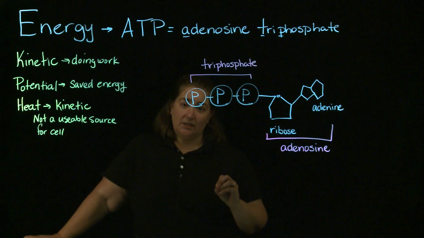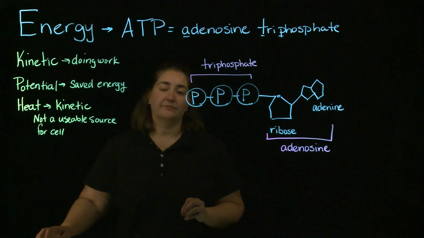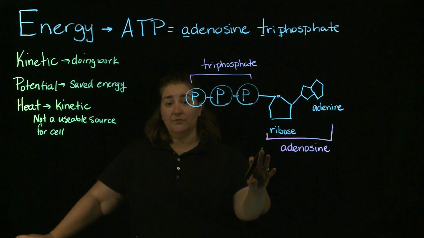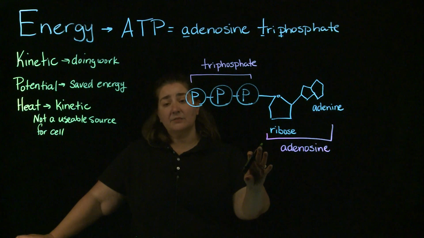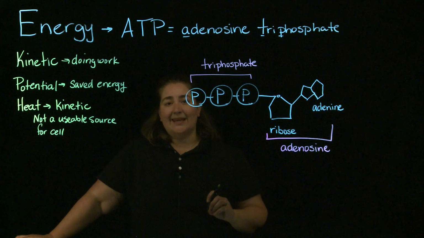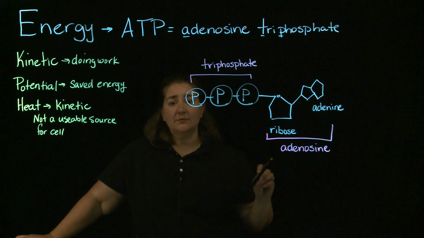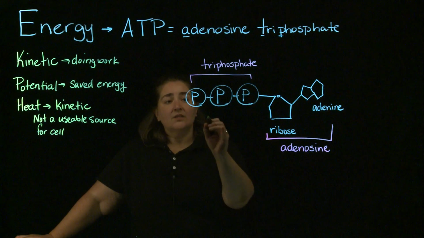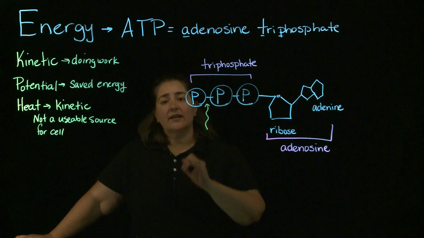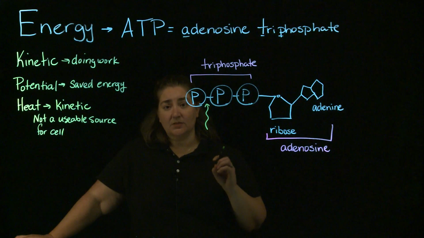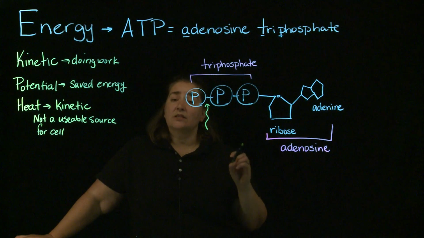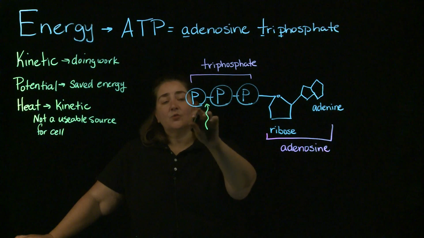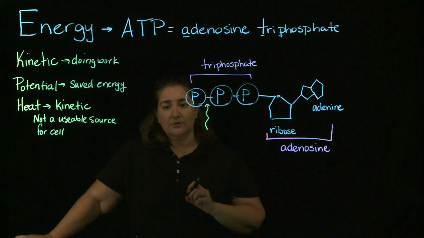What's unique about ATP is it can go between this form that I've drawn up here, ATP, and another form, ADP. ADP stands for adenosine diphosphate. Where the bulk of the energy that the cell accesses is stored is in the chemical bond between 2 of our phosphate groups.